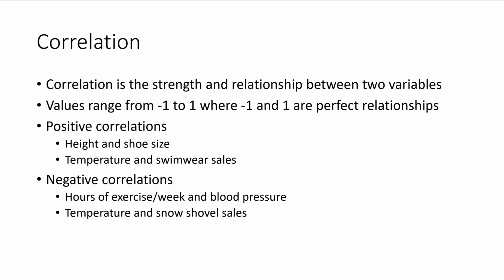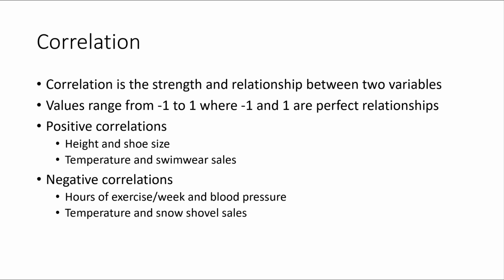And then temperature and snow shovel sales. So kind of the opposite of temperature and swimwear sales. In July, probably not a lot of people buying snow shovels. That's when the temperature is high. But as the temperature drops, the sales of snow shovels will increase. So those are negative correlations.